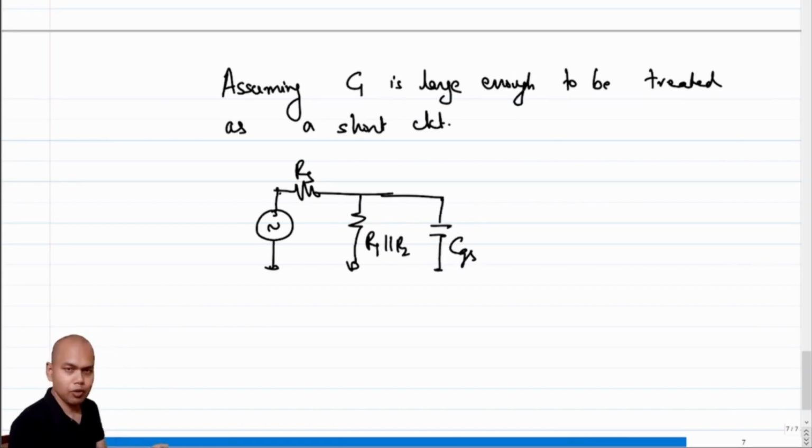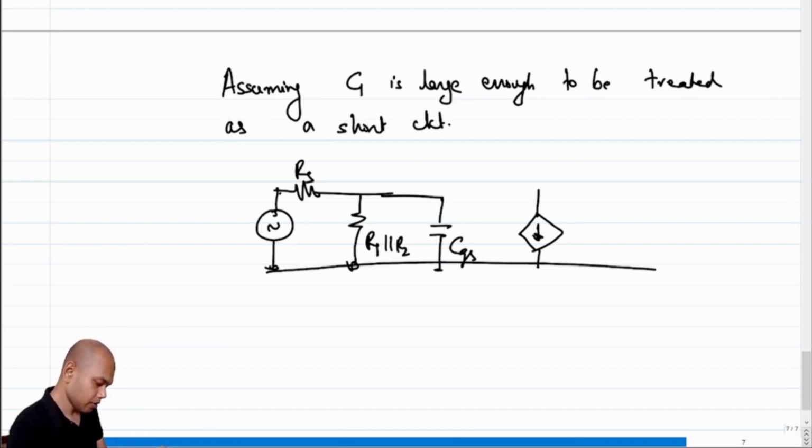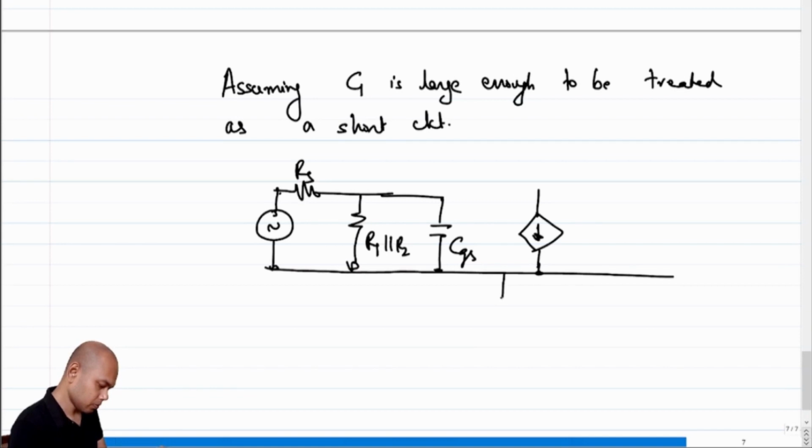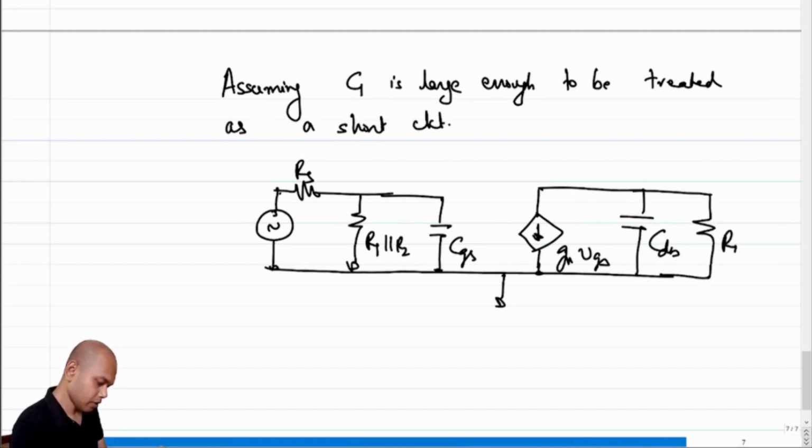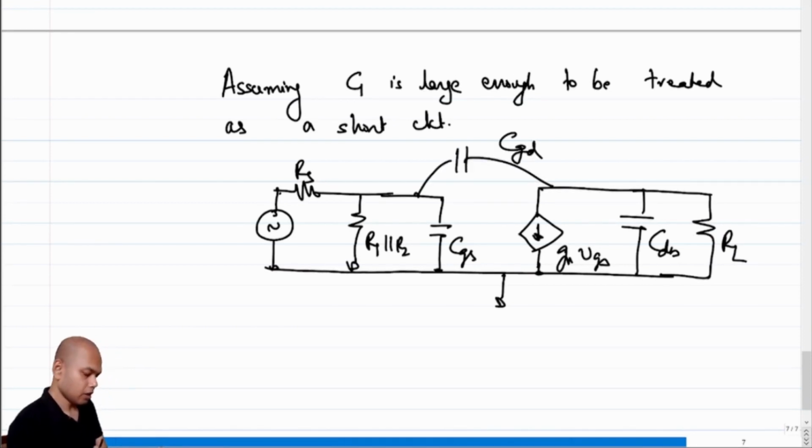Now CGS can be grounded because our source is grounded. Then we have gm VGS, we have CDB, and we have RL, and we have CGD. This is how the transistor model now evolves.